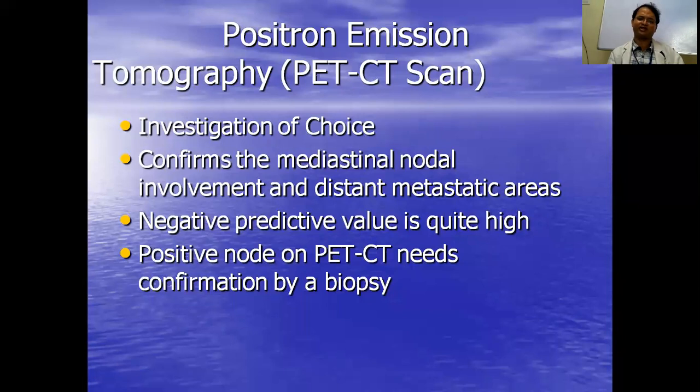That is, to a large extent, it can be taken that the patient does not have carcinoma. But if the PET-CT scan report is positive, it needs further confirmation by getting a biopsy from the suspected site.